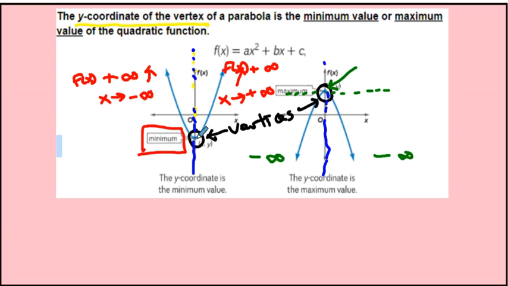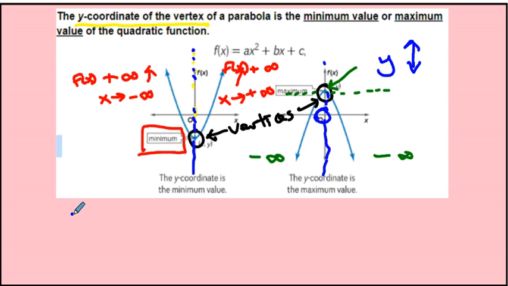And then once we find the vertex, that value is my height. Well, your height is always your y value because y represents your up and down measurement on the graph. It tells you where you're at in relation to the origin as far as height goes, as far as your vertical distance. So just remember: find your vertex, and then the y-coordinate from your vertex is going to represent your minimum value or your maximum value.